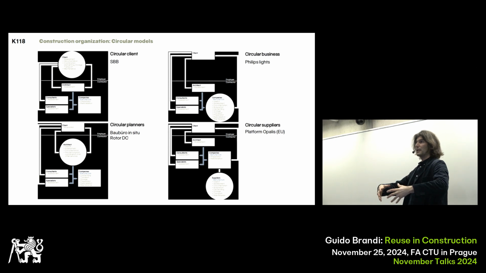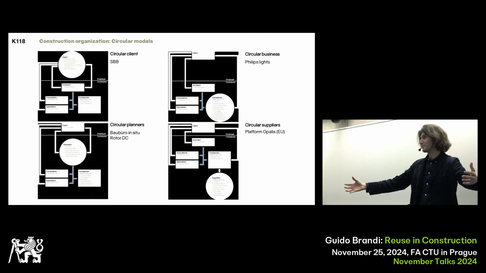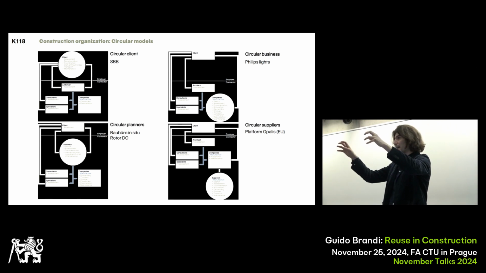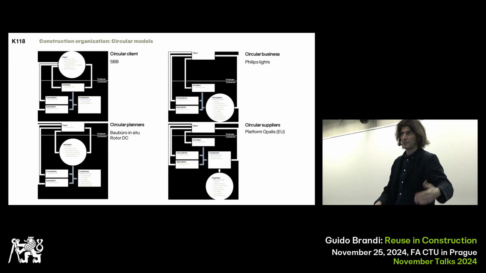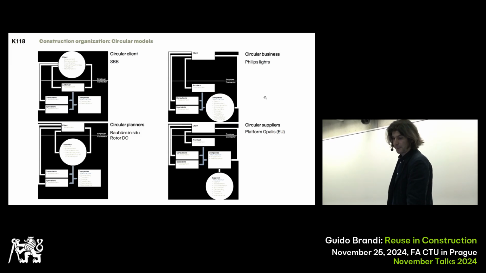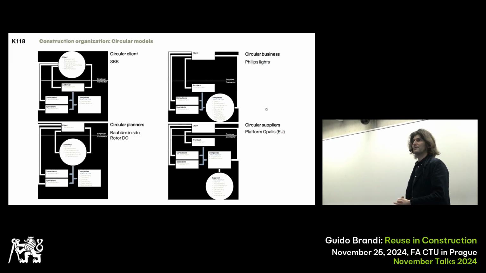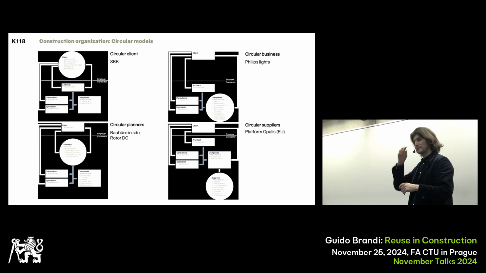So Rotor, they bought their own storage space, they dismantle the elements, bring them to the storage, and sell them, having a new revenue stream, but also a circular business. Like Philips, the electronic device producer, that produces those lights that they installed in Schiphol airport in Amsterdam, for example.